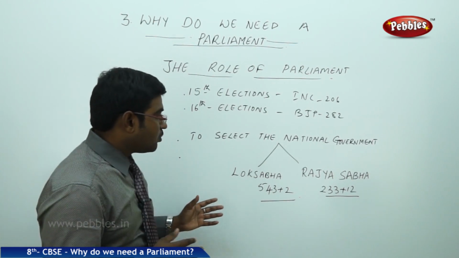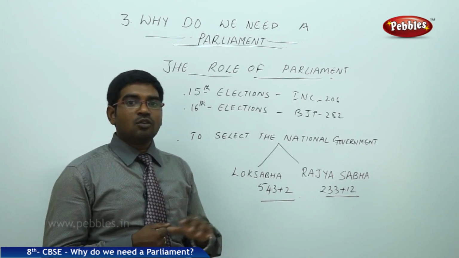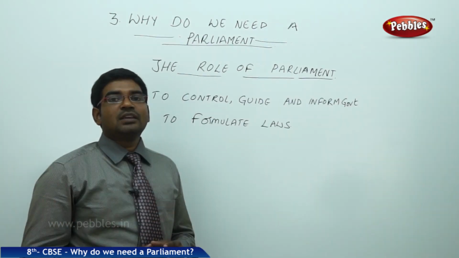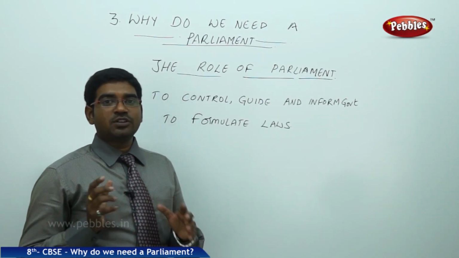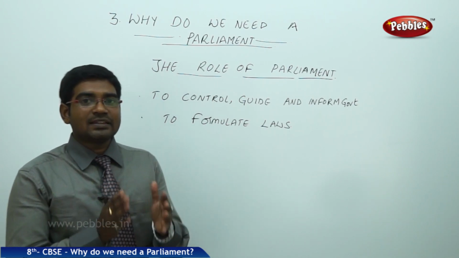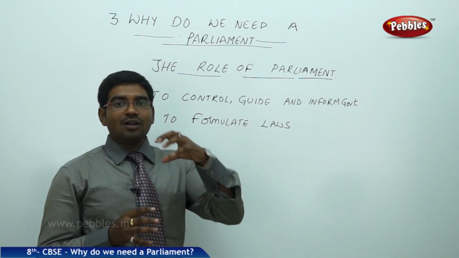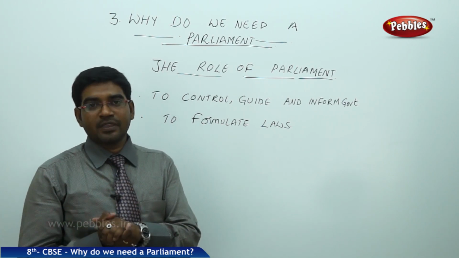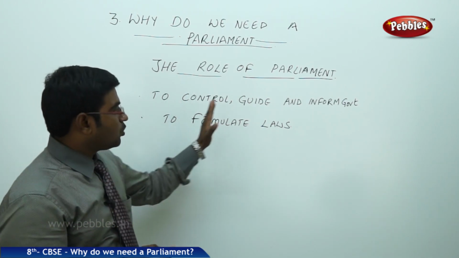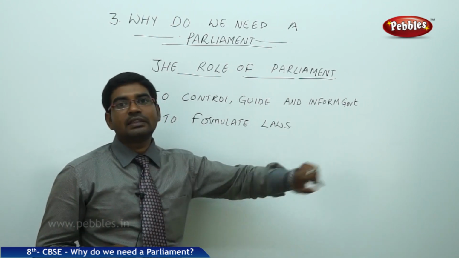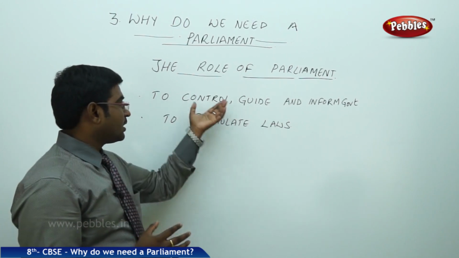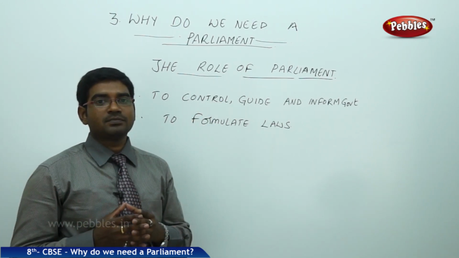Now moving into the details, what is the next major duty once you form the government? The next important duty of the Parliament, once the elections are done, is that all the parliamentarians have to fulfill the duties of the Parliament. The next important one is to control, to guide and to inform the government. How can the members of Parliament control the government?